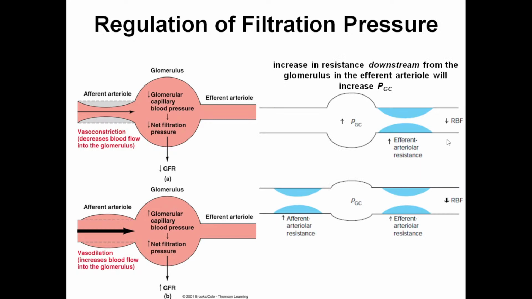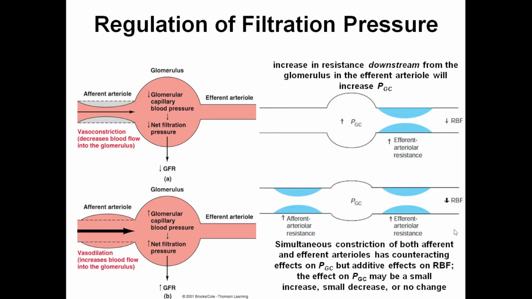Now, what about the efferent arteriole? If you constrict the efferent arteriole, you will increase the arteriolar resistance downstream from the glomerulus. And in this case, it will lead to an increase in hydrostatic pressure of the capillary and will increase the GFR.